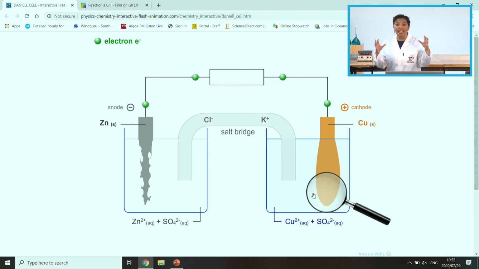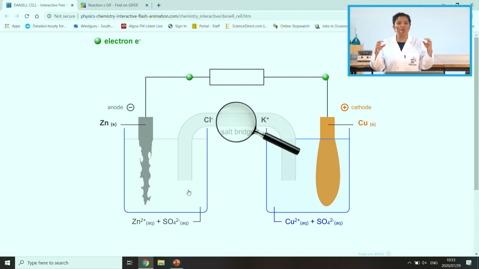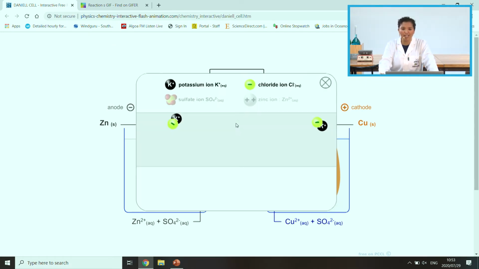If this continues, we are actually going to repel the electrons coming down here, and they're actually not going to want to flow. And if this continues, we are actually going to attract the electrons from here to the zinc 2+ ions. So something needs to happen to provide electrical neutrality. Now, this term always gets used in a textbook, and it often does not get explained. And so the salt bridge provides that. So let's have a look at it.